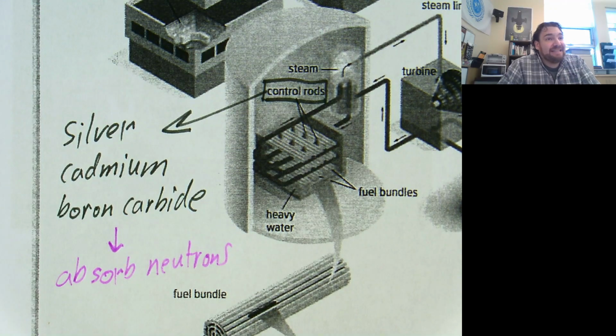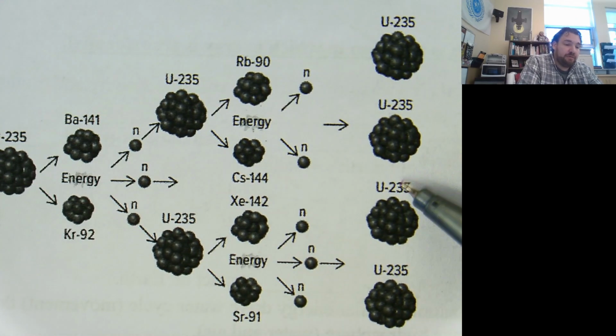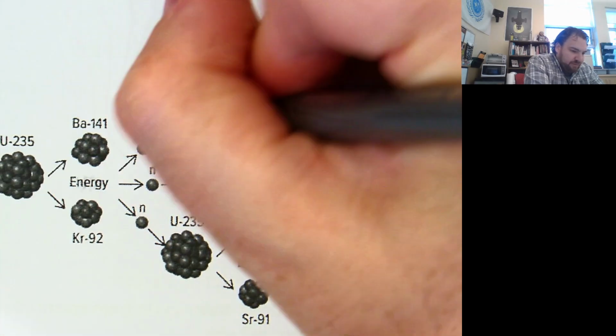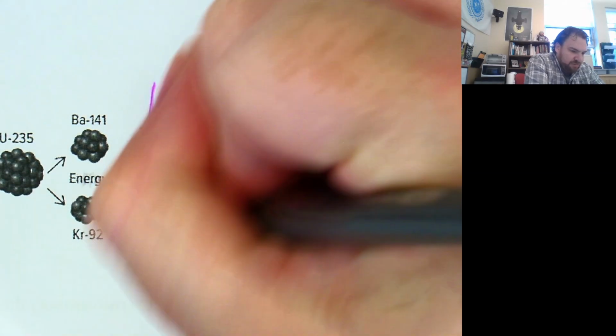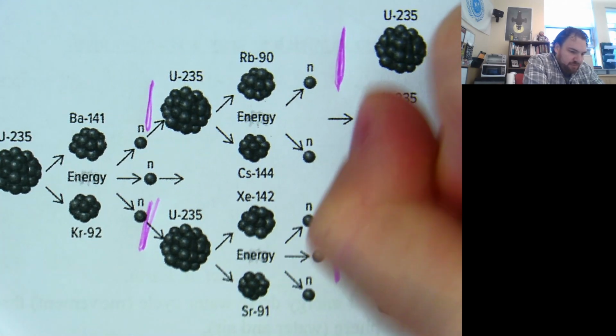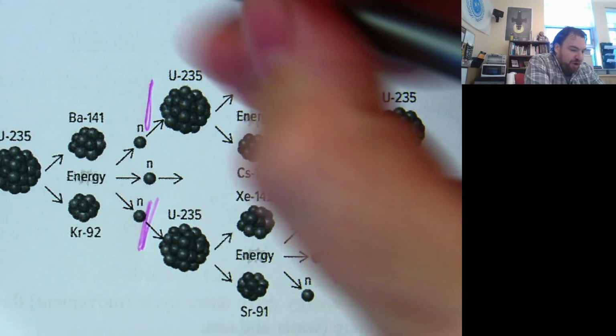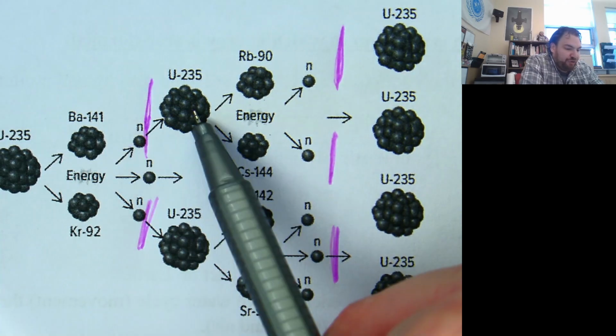And so when you place them in and amongst the fuel, you absorb the neutrons that would have otherwise gone and hit another uranium. So you throw a control rod throughout the fuel. You mix it throughout. And all of a sudden now, this neutron doesn't hit another uranium.